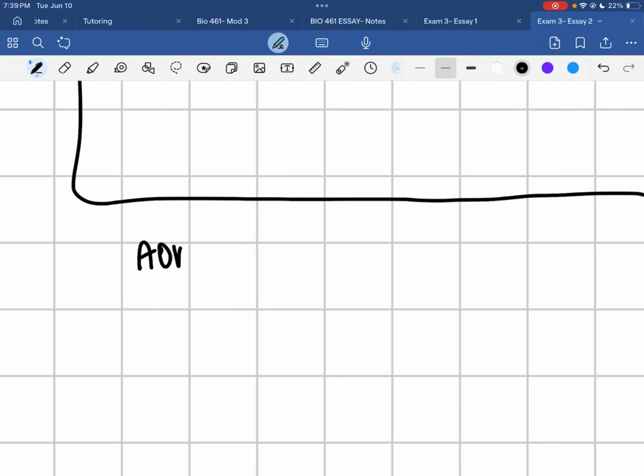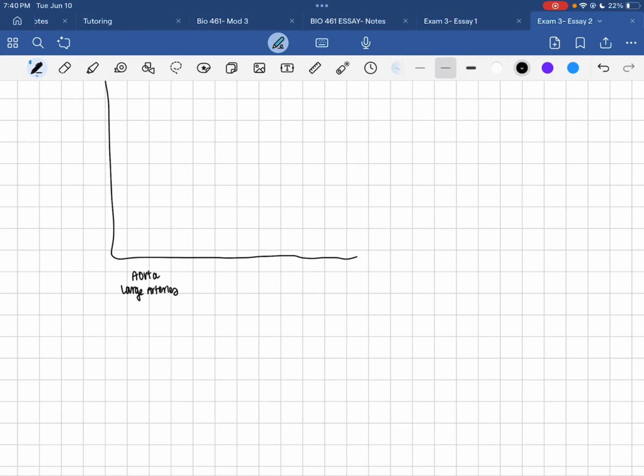And let's say we have diastolic longer than systole. I really like this drawing that Talmage has. So it's the large arteries. And then this would basically be time. And then right here would be the arterioles.